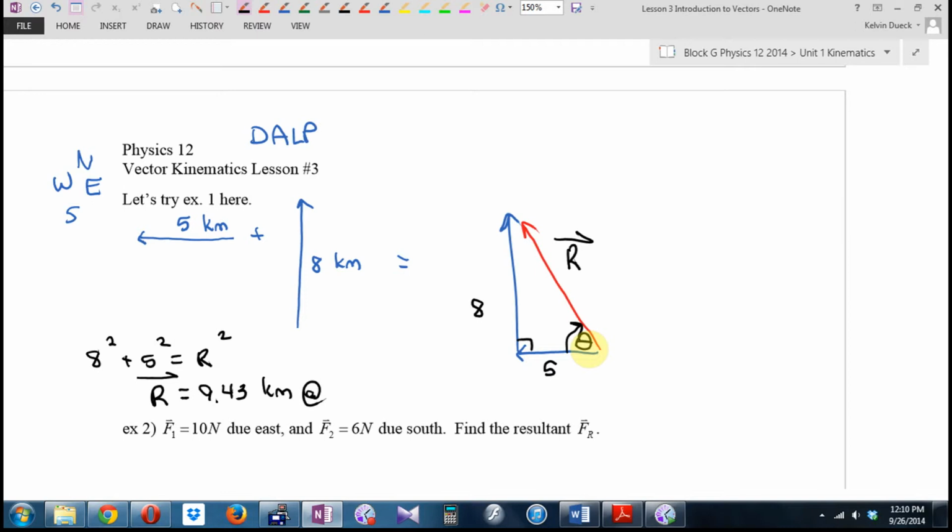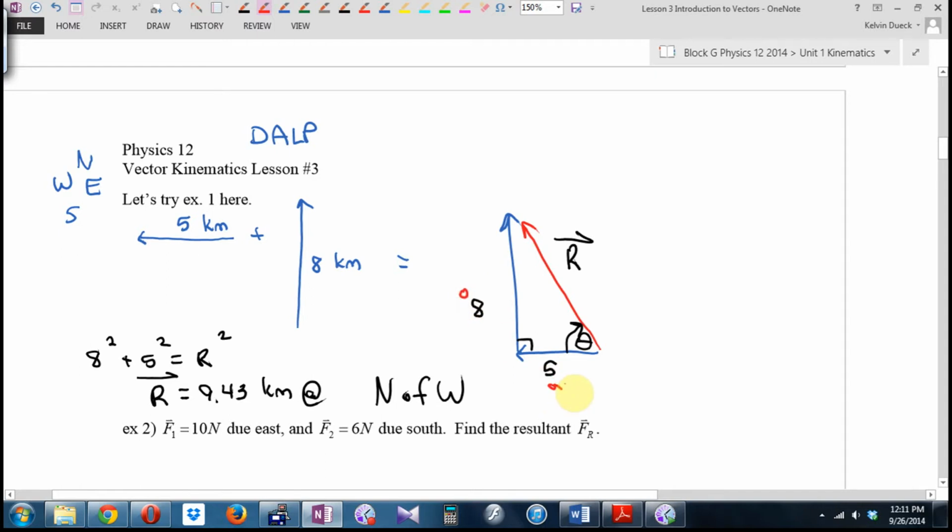The "of" in north of west is always the horizontal or the vertical line that your vector is originating from. The first part is what direction from that horizontal or vertical line you're drawing to get to the vector itself. This is north of west. How big? Well, I have a right angle, opposite, adjacent, which trig function?